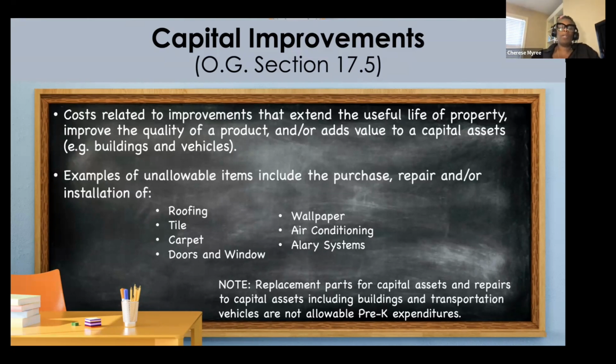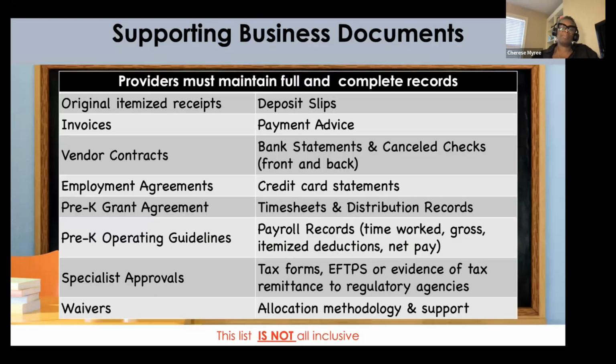And so, according to Georgia Pre-K, some examples that they commonly see that programs may want to charge, but they are not allowed to, would be things associated with roofing or tile, wallpaper, air conditioning systems, alarm systems. And so, any replacement parts for capital repairs and assets cannot be used or charged to the program. So purchasing or replacing or repairing capital assets is not an allowable cost.